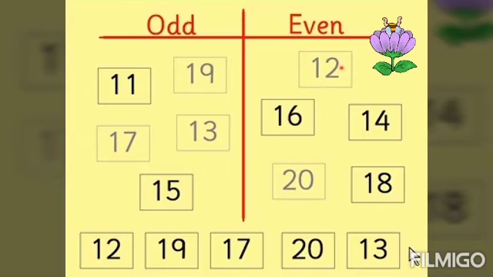So we have 12, 16, 20, 14, and 18. And we have numbers below, class. We have here 19, 17, and 13 are odd numbers, and this 12 and the 20 belong to the even number column. So let us proceed to the next slide of this lesson, class.